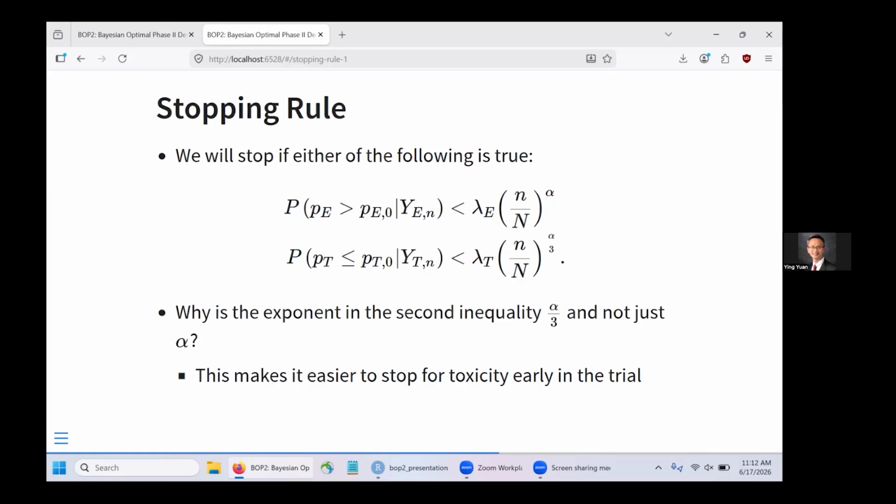Now for toxicity, after we have phase 1 trials and this kind of convention, people want to comply with it. For example, when you have 2 out of 3 toxicity, or 3 out of 6, people in general feel it's not acceptable in practice. So that's why when we tune this, we divide by 3, not by 4 or by 2.